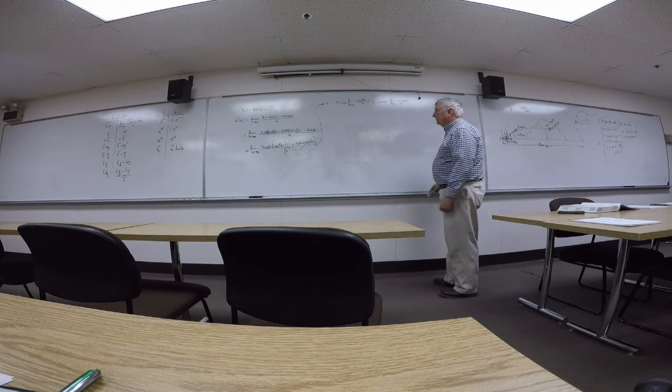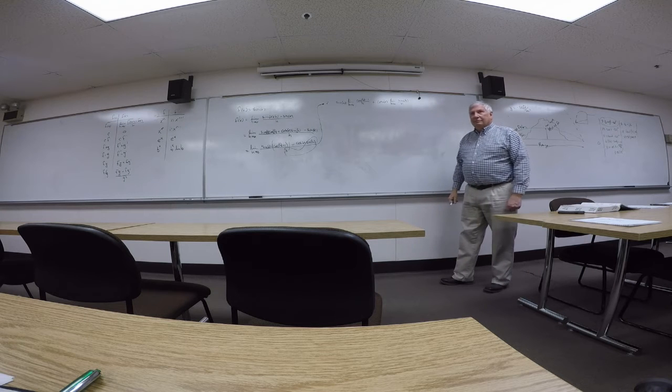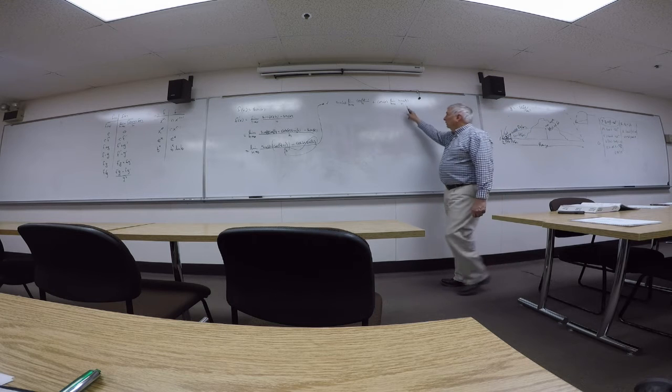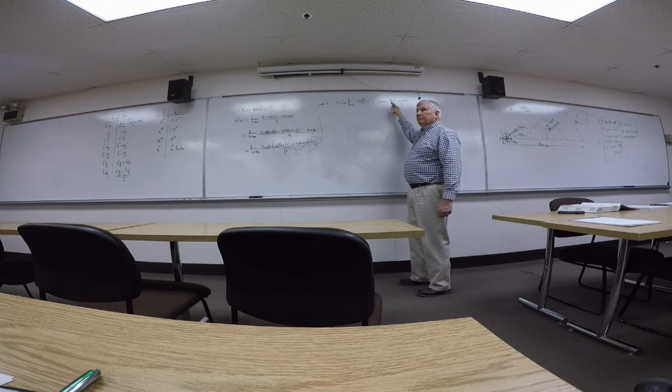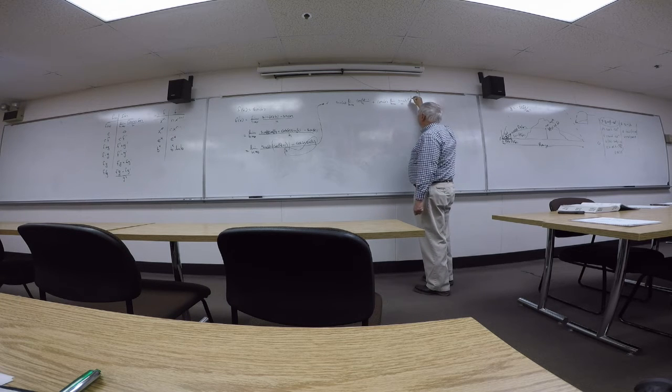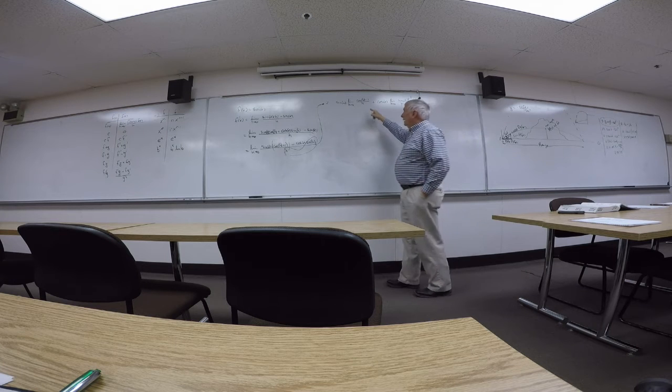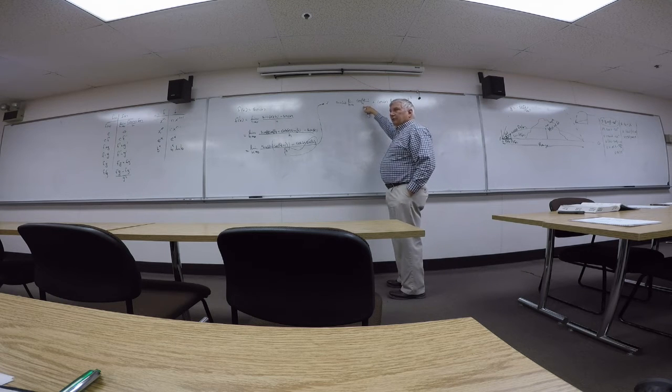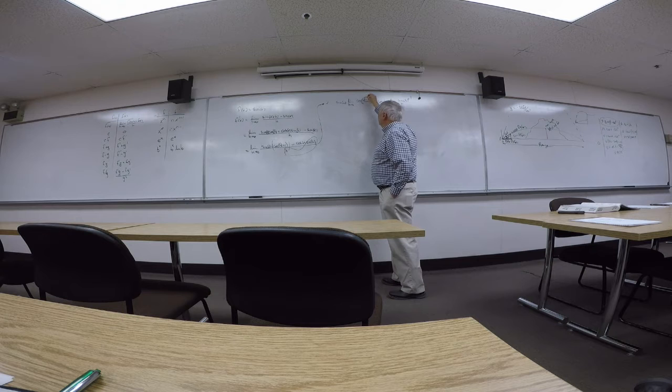Okay. And if you go back in your notes from the week before, when we were looking at limits, we looked at each of these limits. This limit, sine h over h, as h approaches 0, is 1. And this limit, as h approaches 0, is 0.